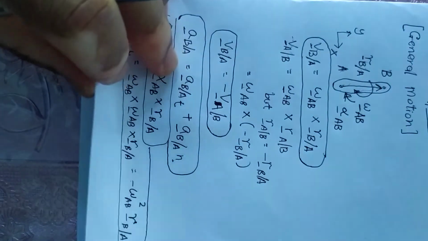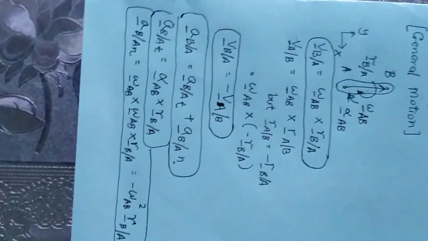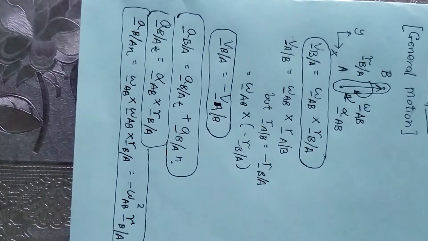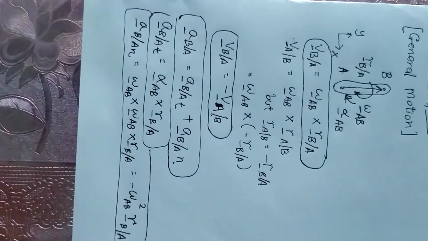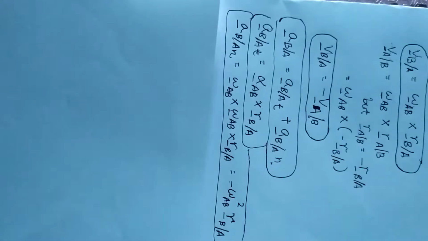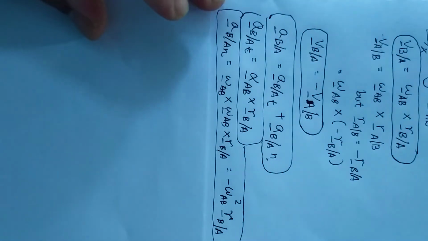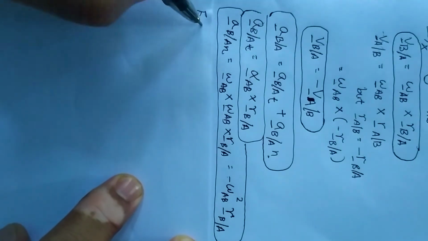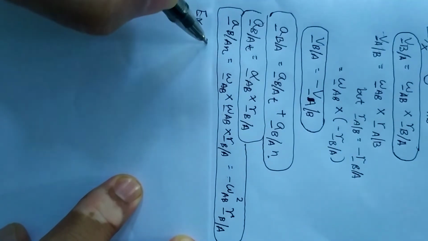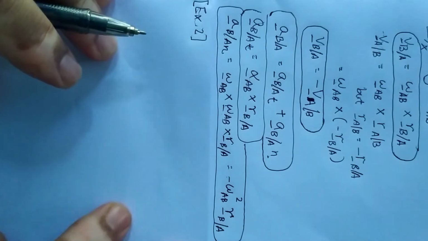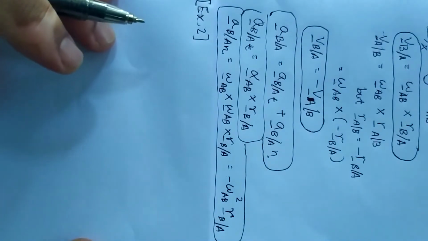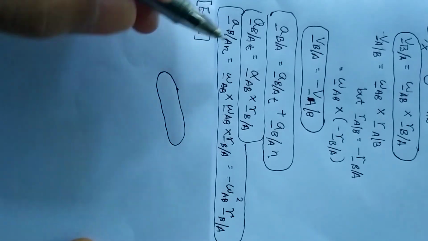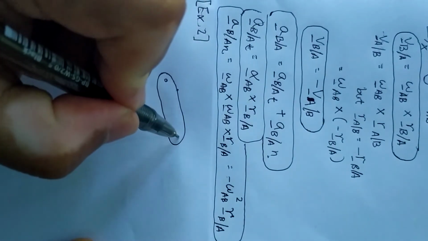Okay, so let's say this is example 2. Let's assume there is a rigid body, and there are two positions.